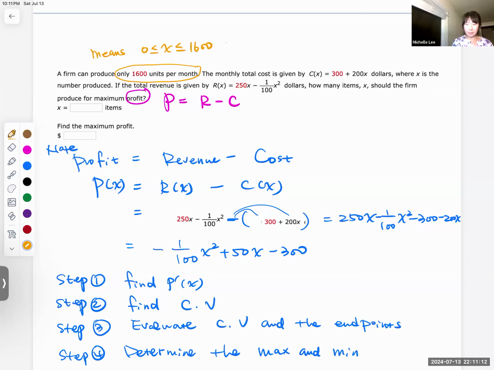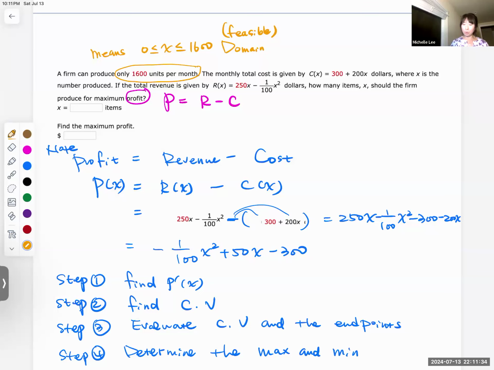So we said that this is a domain, and moreover, a feasible domain. Okay, but then critical value, let's take a look.